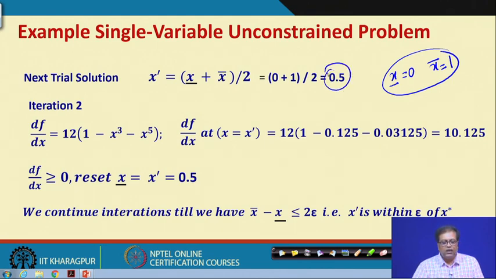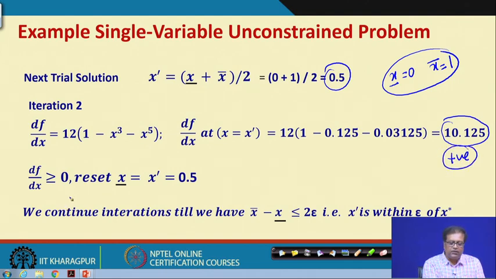So, this is going to be our new trial solution. So, once again derivative 12 into 1 minus x^3 minus x^5. So, at x equal to x dash, this value comes out to be 10.125, right. So, what is the 10.125? This is a positive value.